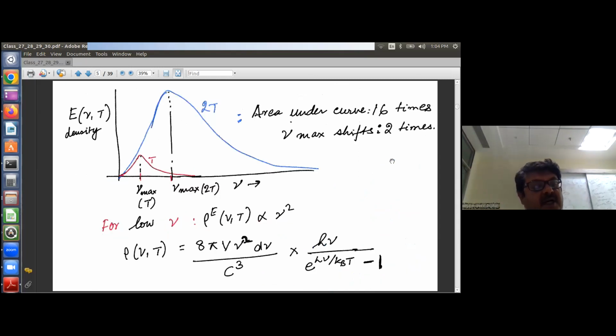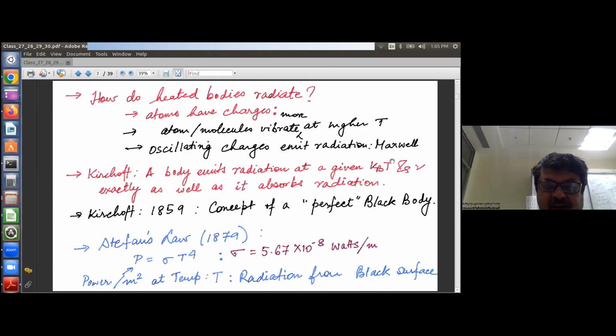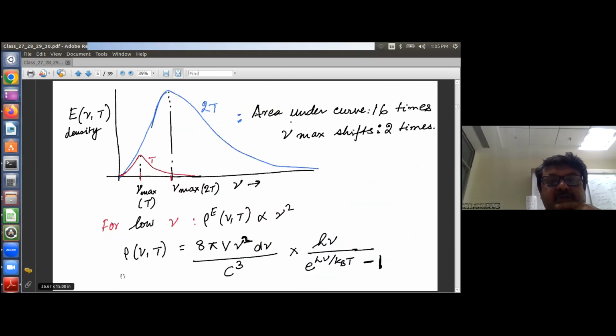The other thing I want to illustrate, which is again taken from that website, is that while we are aware of this law, I want to plot the energy density versus frequency at two different temperatures. This is a schematic diagram, of course, at temperature T, and this is at temperature 2T, double the temperature.